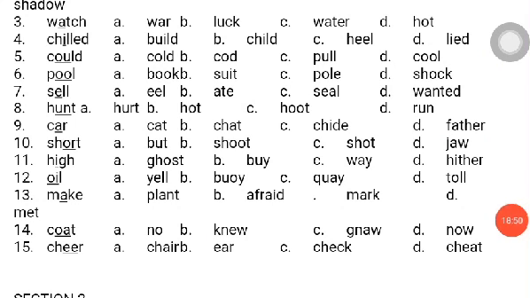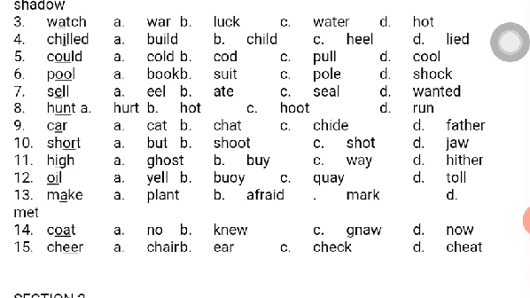So now we are on question 5, and the word we have there is could. Option A is cold, option B is cord, option C is pull, and option D is cool.